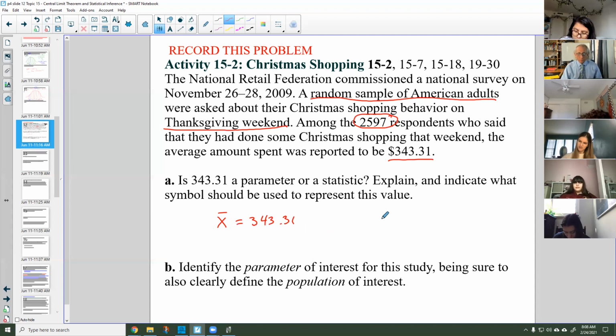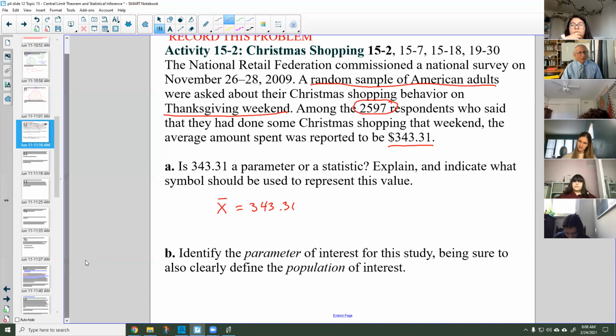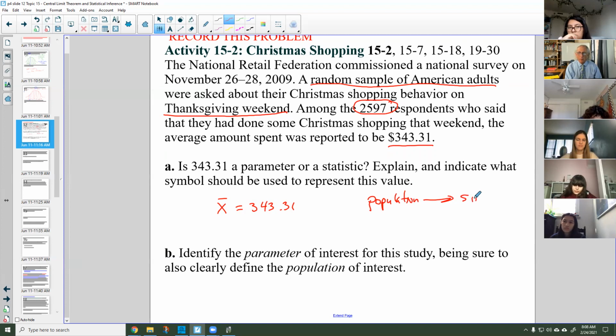Okay. This is a question. Identify the parameter of interest for this study and the population of interest. So remember that what we're doing in statistics is we start with a population, we take a sample, S-A-M-P-L-E.